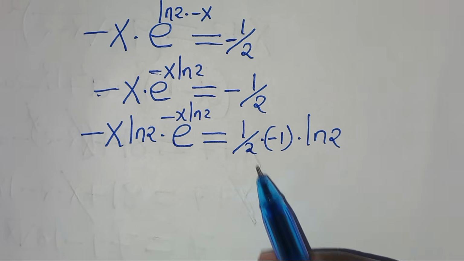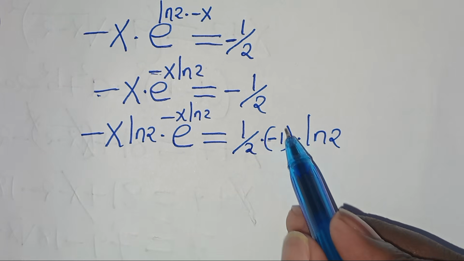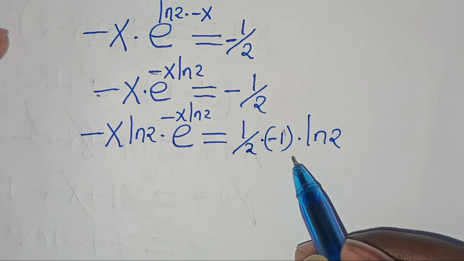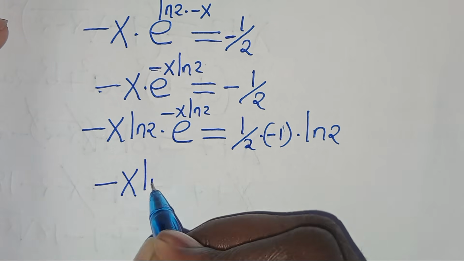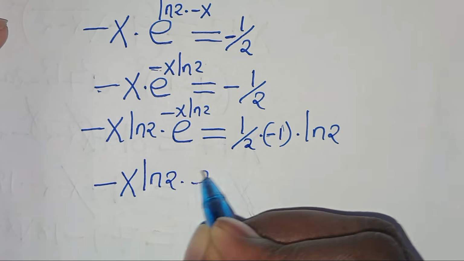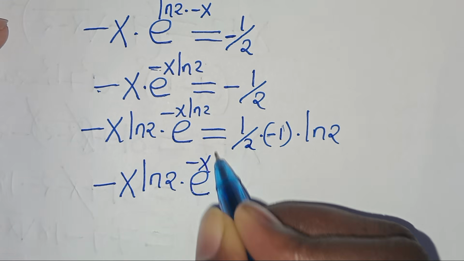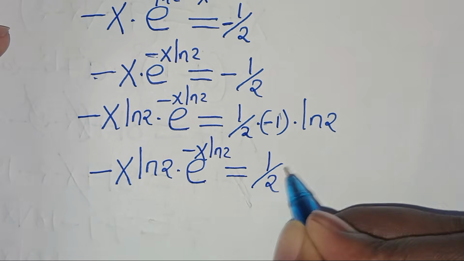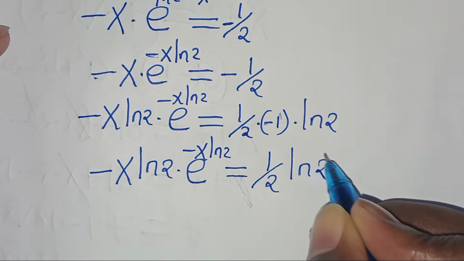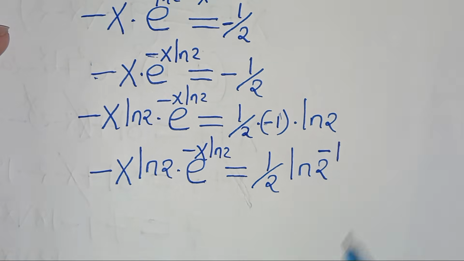Now this minus 1 here is the same thing as the power, so we can express this as minus x ln of 2 times e to the power of minus x ln of 2, which is equal to a half ln of 2 raised to the power of minus 1.